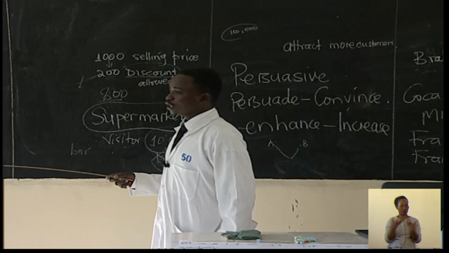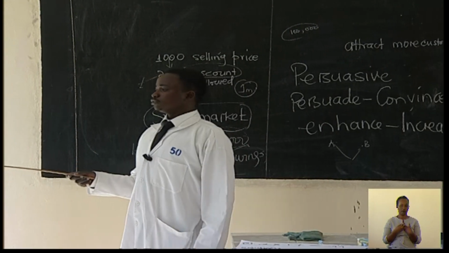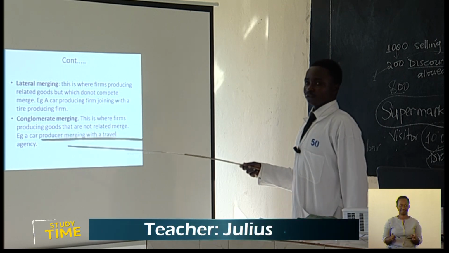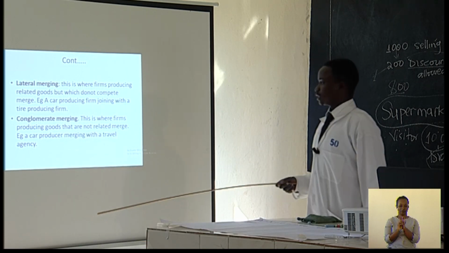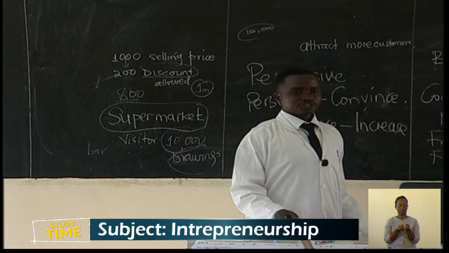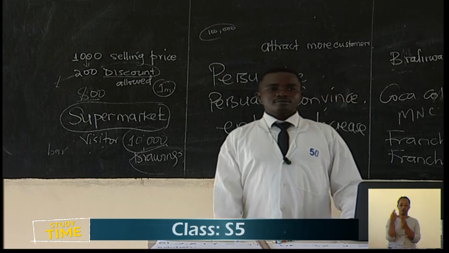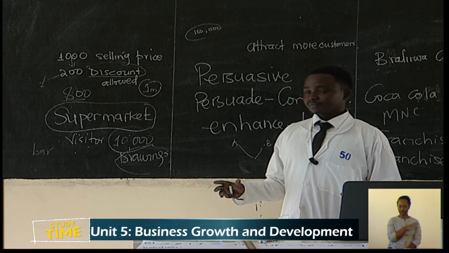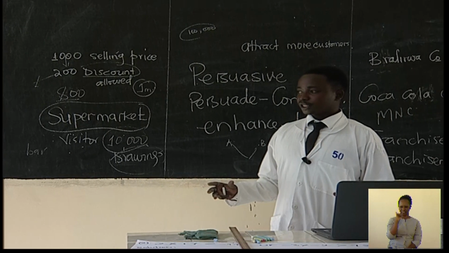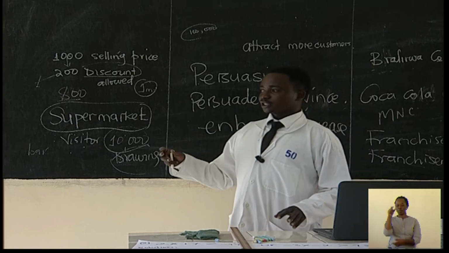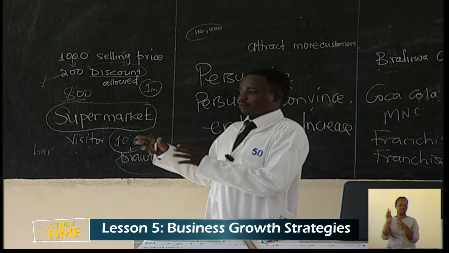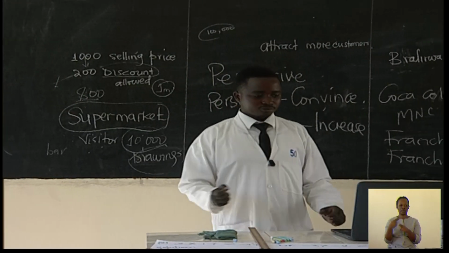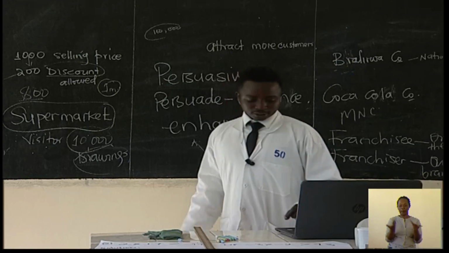For example, a car producer merging with a travel agency. That is conglomerate merging. They are not related and they don't compete at all.